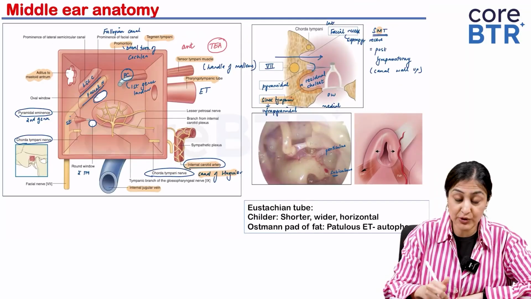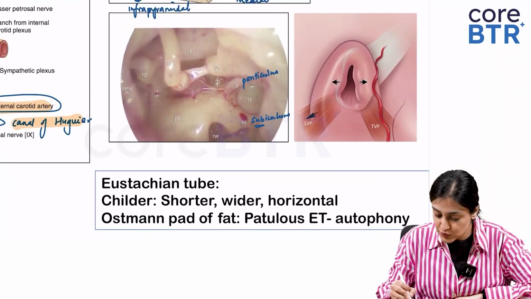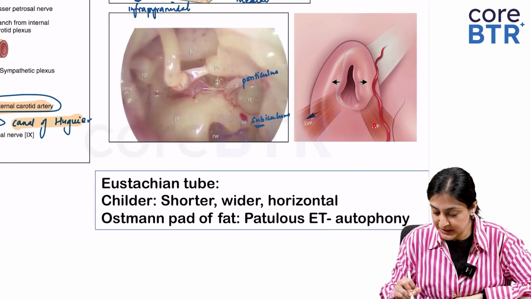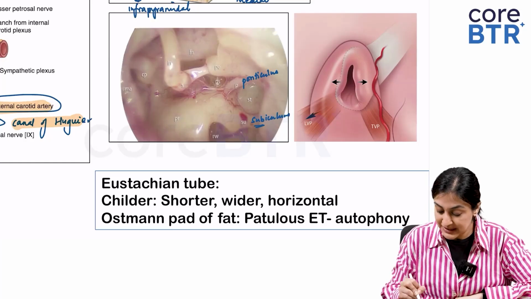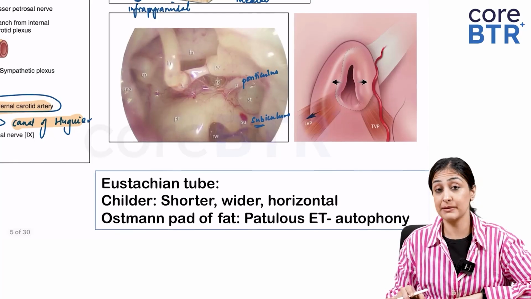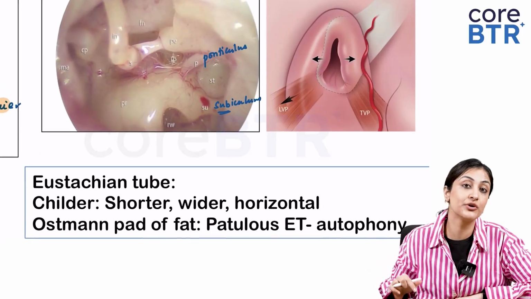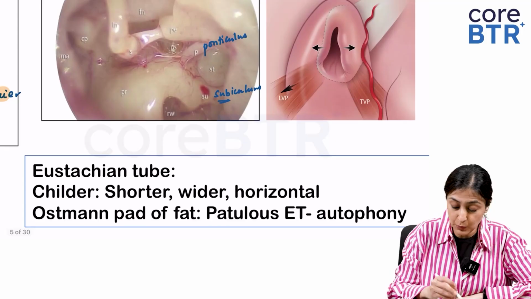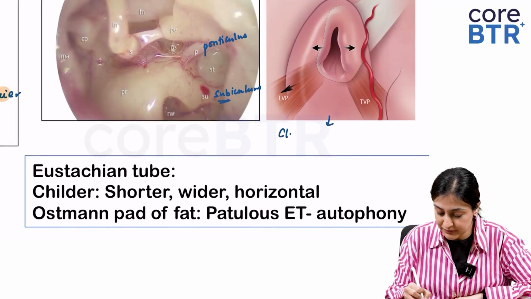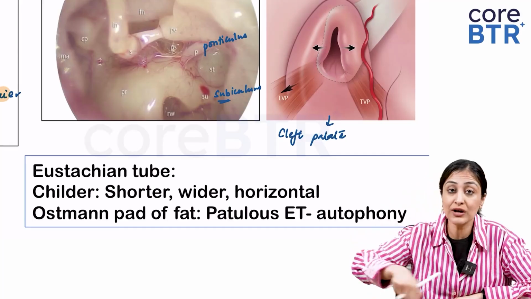A few words about the eustachian tube and its importance. So look at this image. This is the eustachian tube opening, and you can see on both sides we have the levator veli palatini and tensor veli palatini muscles. These are the muscles which regulate the closing and opening of the tube, and that is the reason why in patients who have cleft palate, they don't have these muscles forming the effective sling or hamulus.